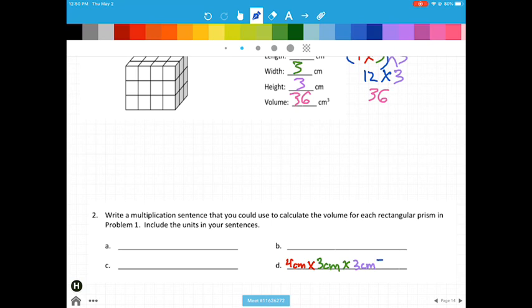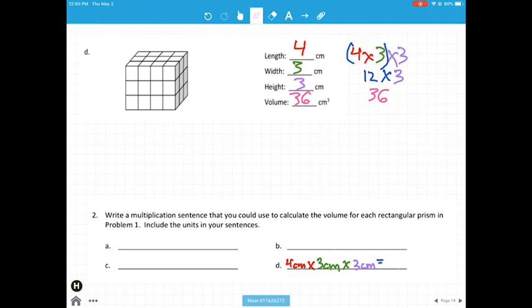And that's going to give us an answer of 36 centimeters cubed. The other ones we did in class. Hopefully you understood that. If not, go back and look at it. So 4 times 3 is 12. 12 times 3 is 36. So 4 centimeters times 3 centimeters times 3 centimeters is equal to 36 centimeters cubed.